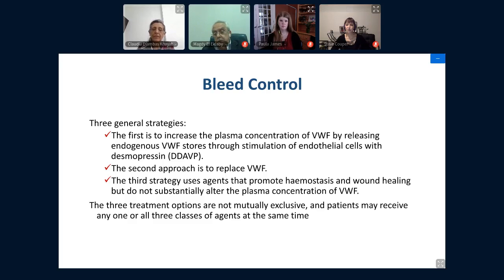And the third strategy uses agents that promote hemostasis and wound healing, but do not substantially alter the plasma concentration of von Willebrand factor. The 3 treatment options are not mutually exclusive, and patients may receive any or all classes of agent at the same time.